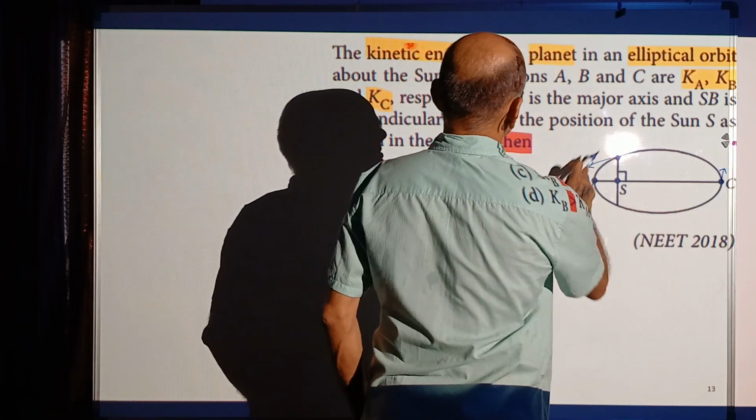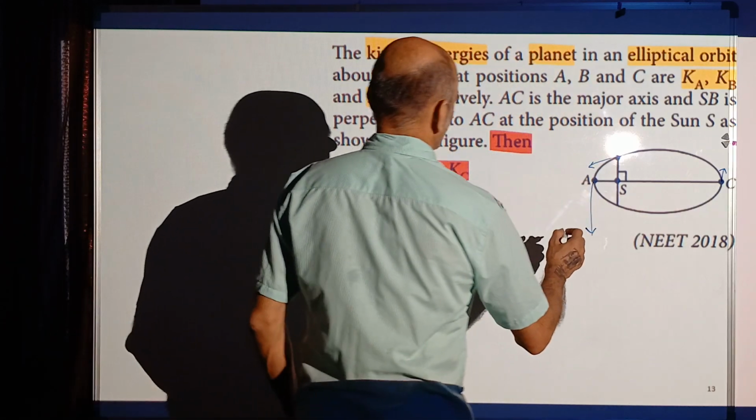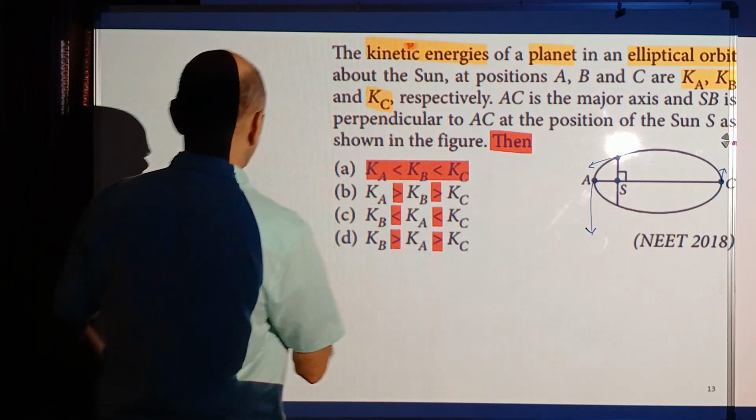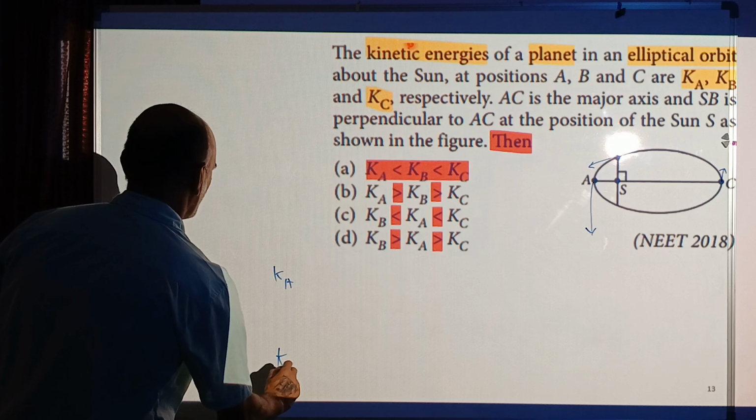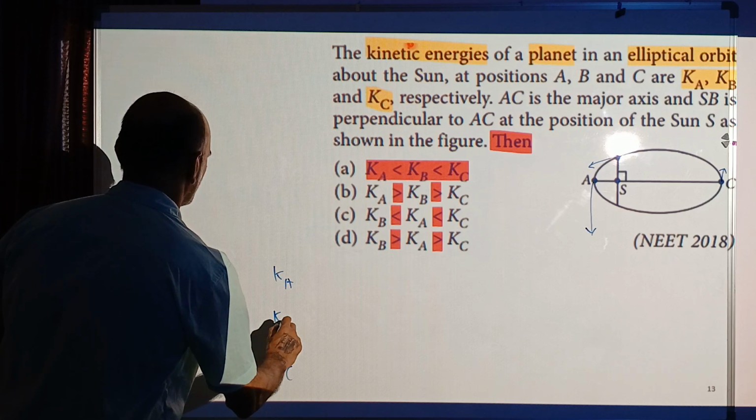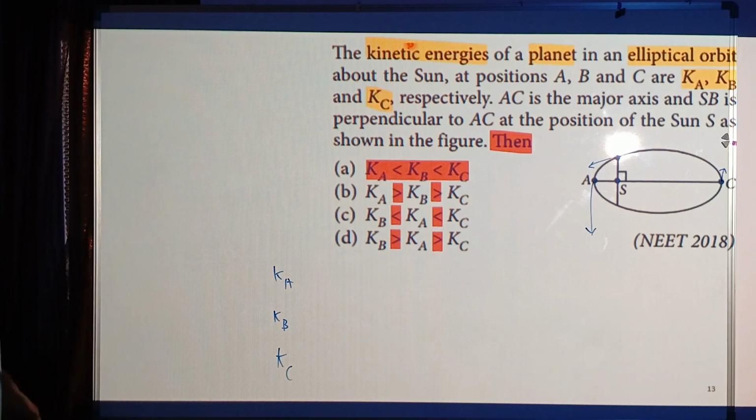Minimum velocity, maximum velocity, and this in between velocity. So velocity at point A is more, so kinetic energy at point A will be maximum, and kinetic energy at point C will be minimum, and at point B will be somewhere in between. So Ka is greater than Kb, which is greater than Kc.